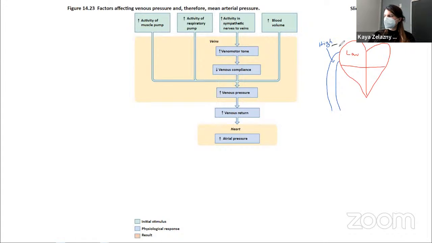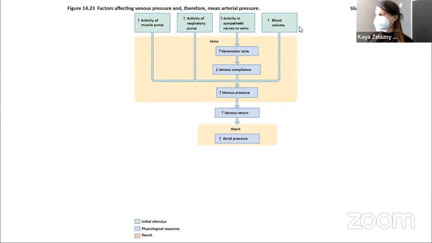As the heart fills, that pressure moves from high to low, so the blood moves from the veins into the heart, which is why an increase in venous return creates an increase in atrial pressure. Does that make sense? This is about that blood going into the right atrium, so we have more pressure because we have more blood there.